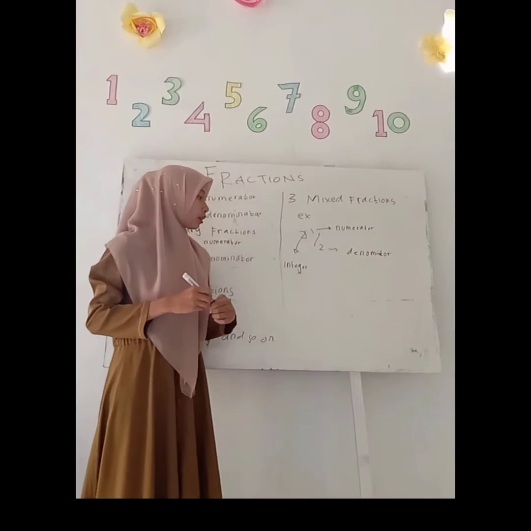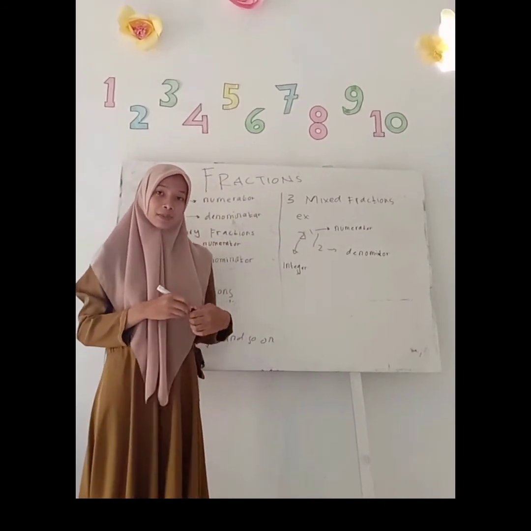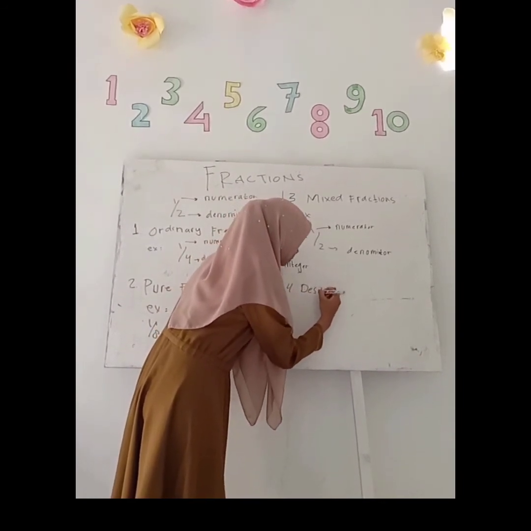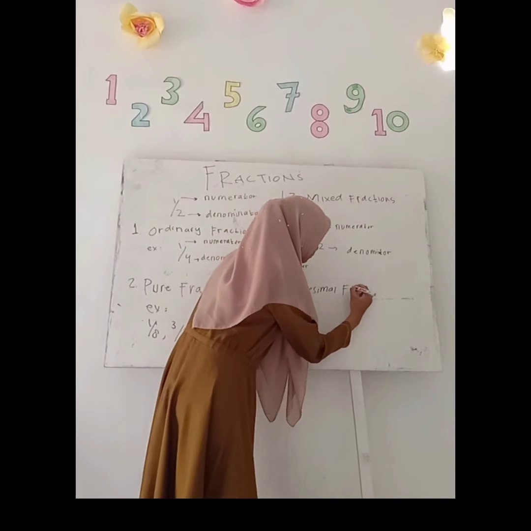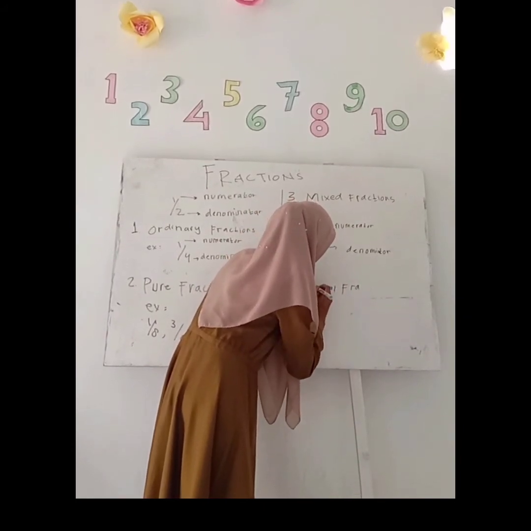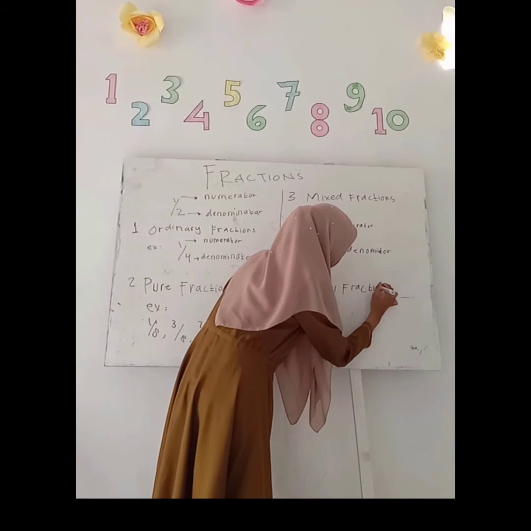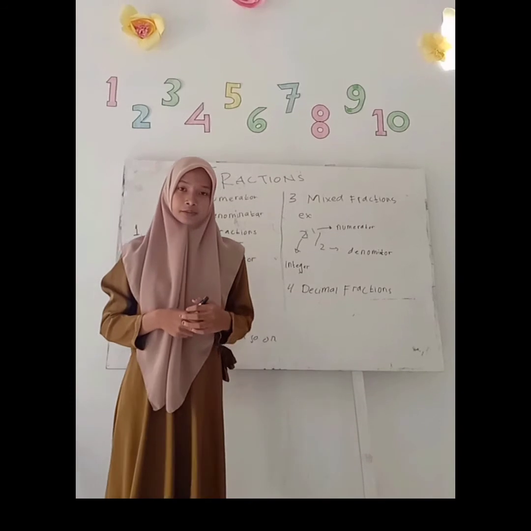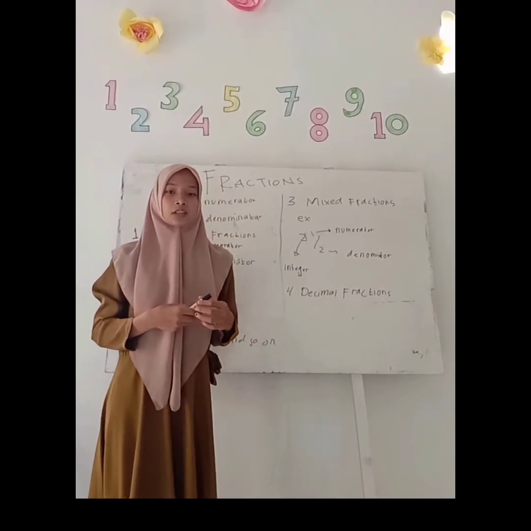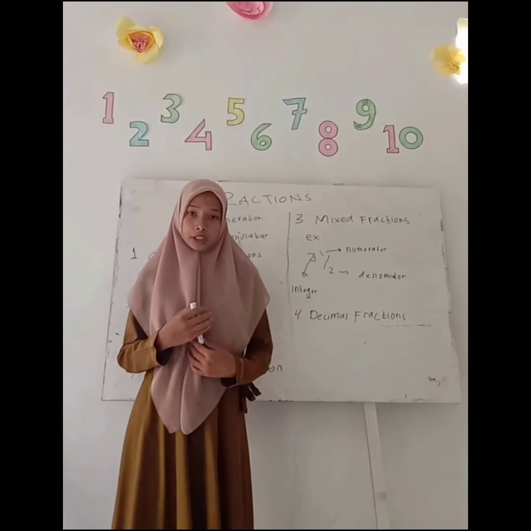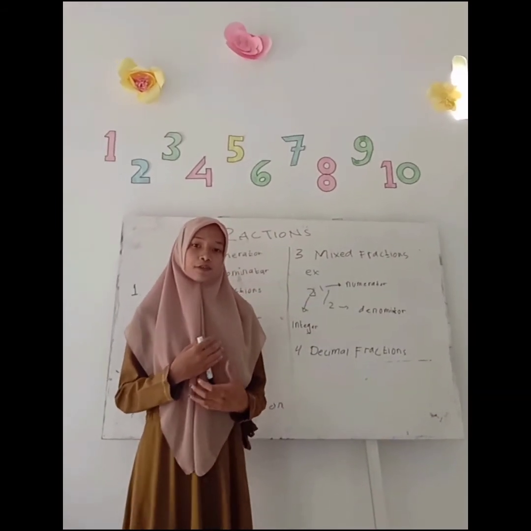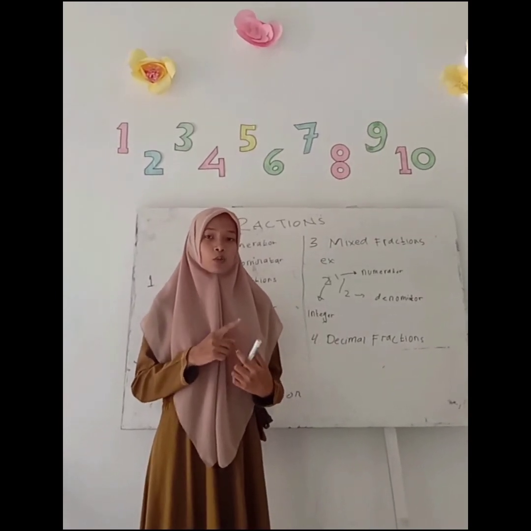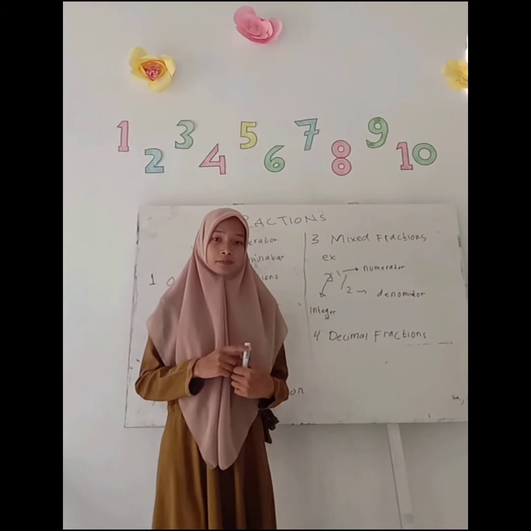Okay, number 4. Decimal fraction. A decimal fraction is a number obtained from dividing a number by 10, 100, 1000, and so on.